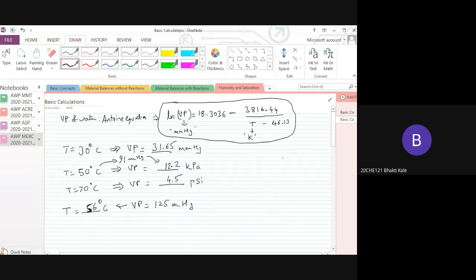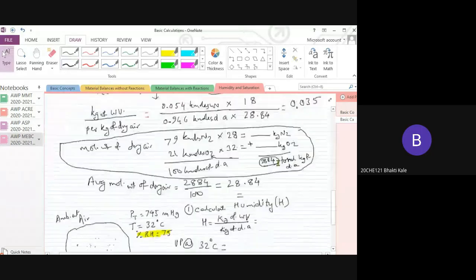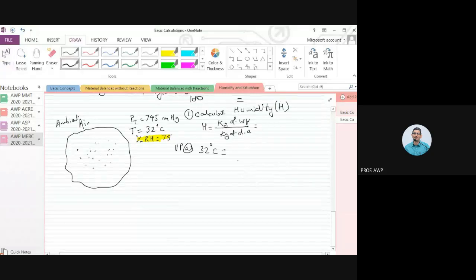So I am getting it as 35.48. Correct. So vapor pressure is 35.48. Let's just say 35.5 mmHg. We should always be rounding off. Okay.